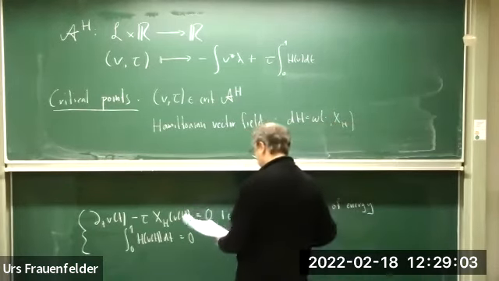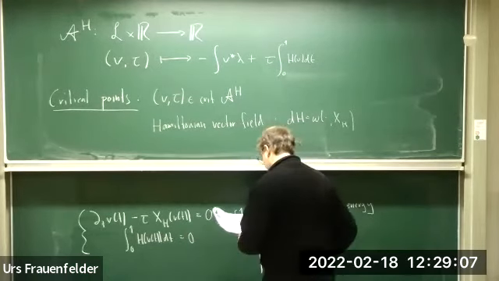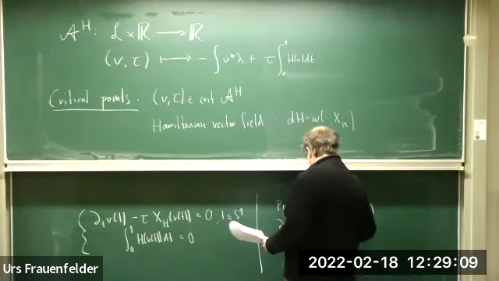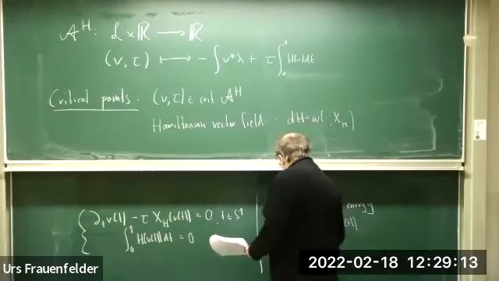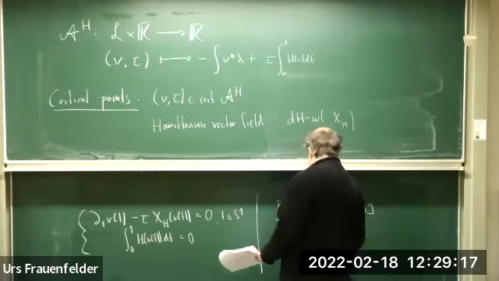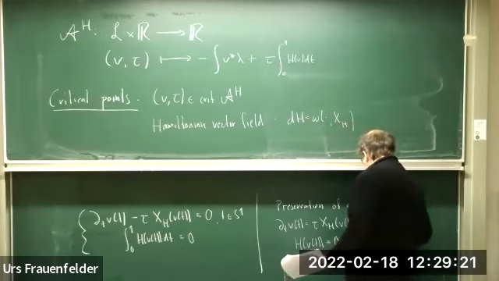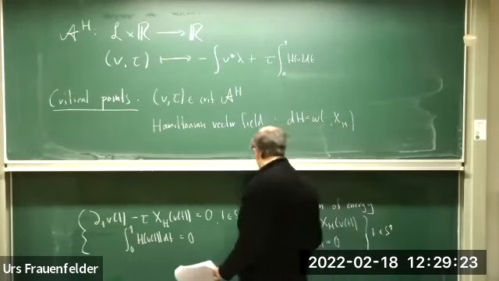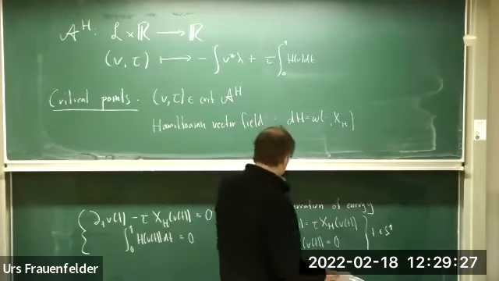So the first equation is v̇(t) = τX_H(v(t)), and the second equation is that H(v(t)) is 0 for all t in S¹. These two equations are actually equivalent.